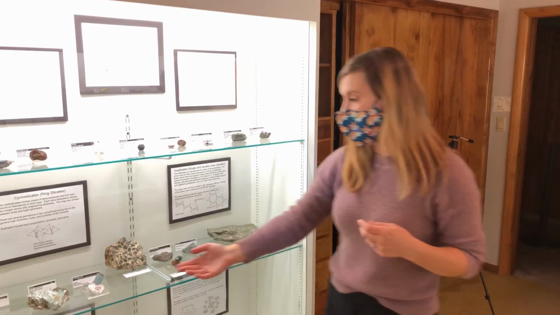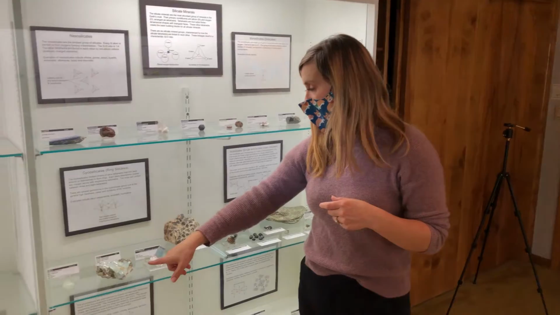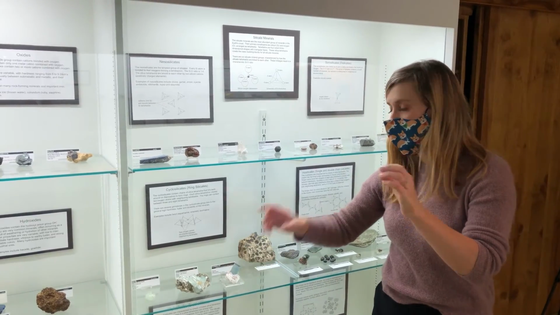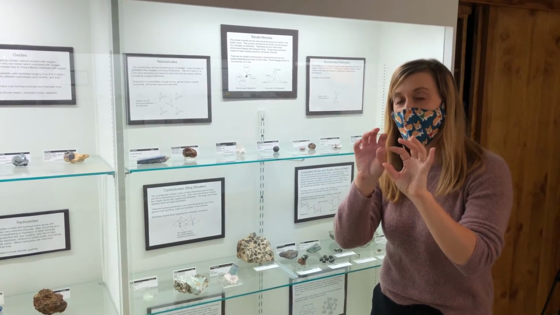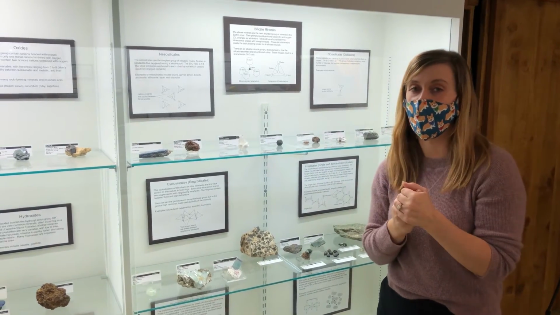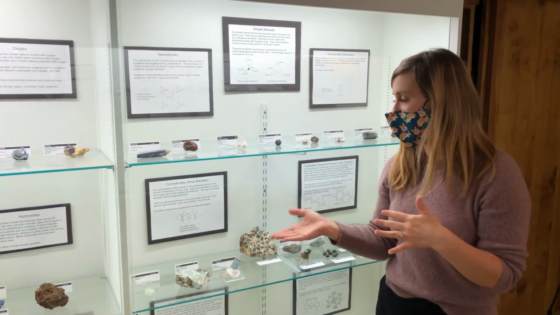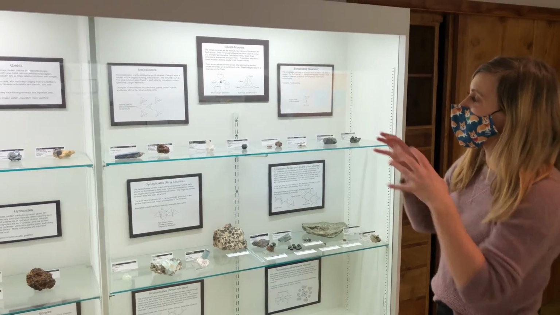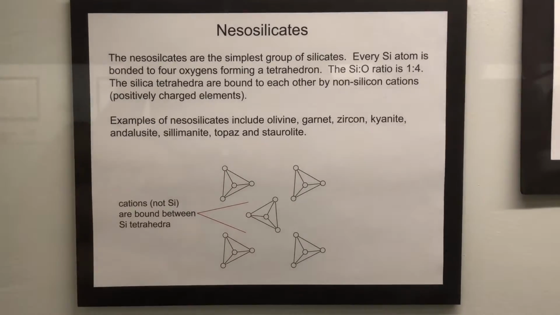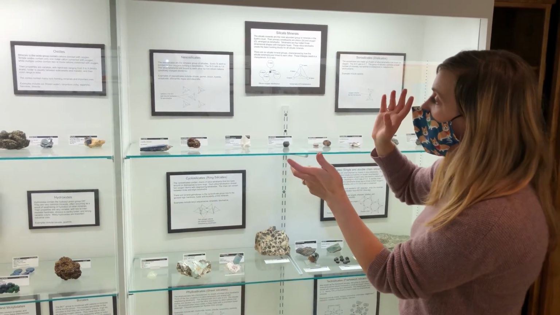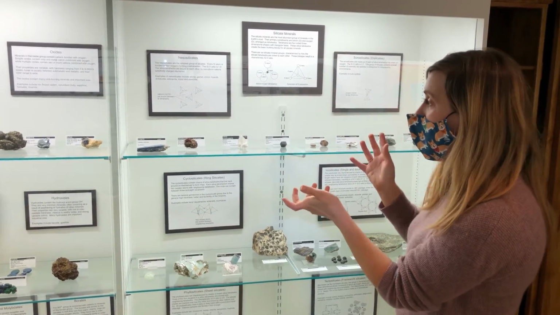This includes the mineral beryl, and beryl is also the mineral family where you get the gem varieties aquamarine and emerald, right? They're just the gem varieties of the mineral beryl, which is a cyclosilicate. And we have nesosilicates, where you can see in this little photo there's no bridging between the oxygens. Olivine is a good example of a nesosilicate.